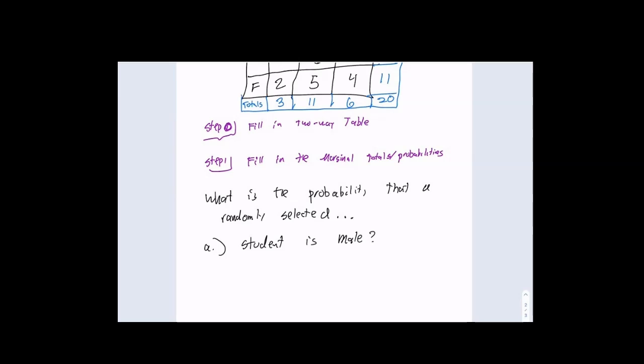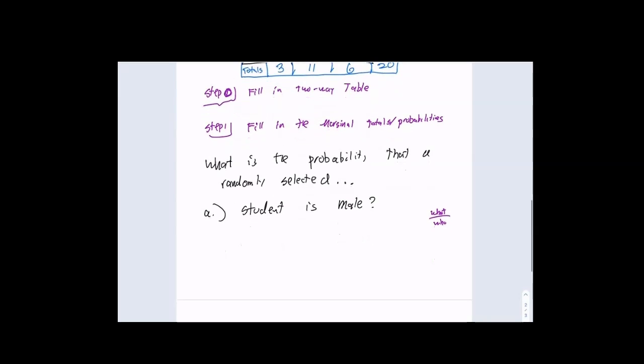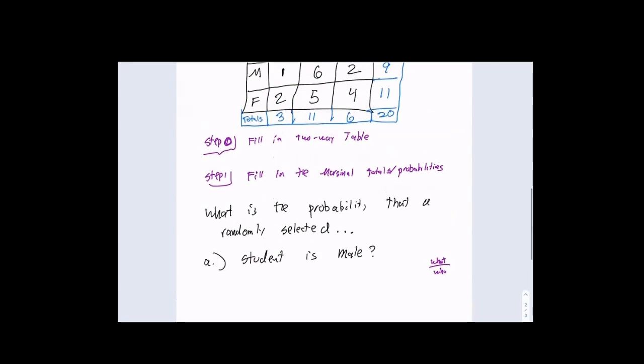I want to always identify the what. So when I do these problems, my answer is always the what over the who. Okay, so that's where it gets tricky. So who am I asking here? All of the students. So this is my who, and I'm asking of those students, the who are male. So that's the what.